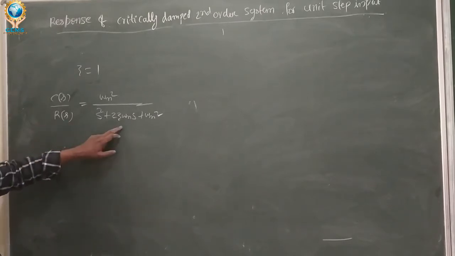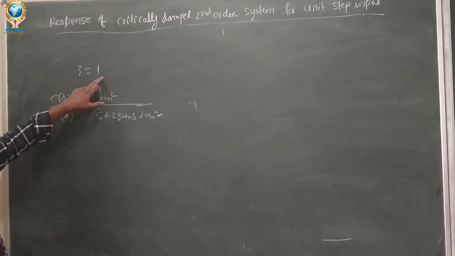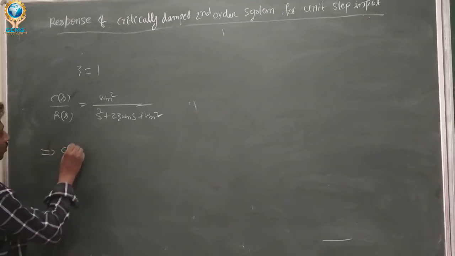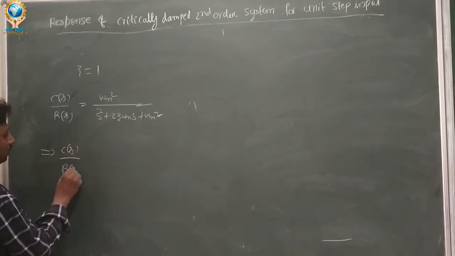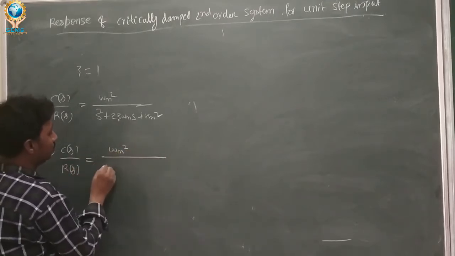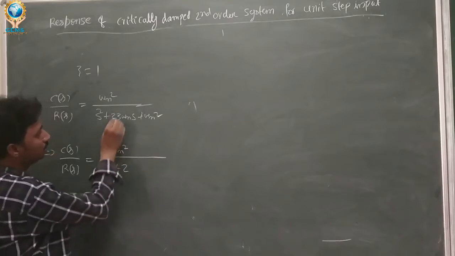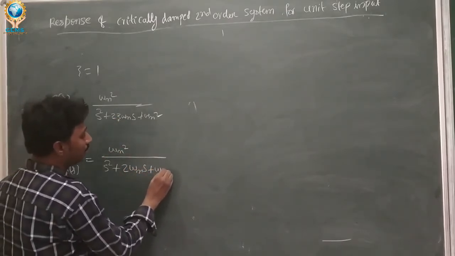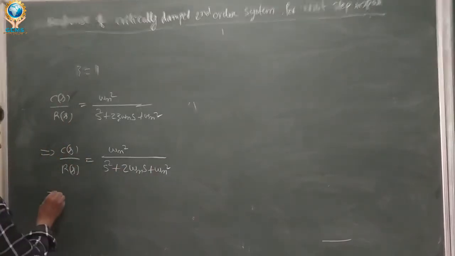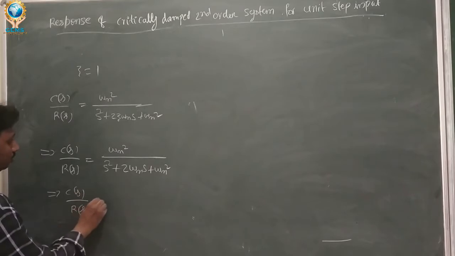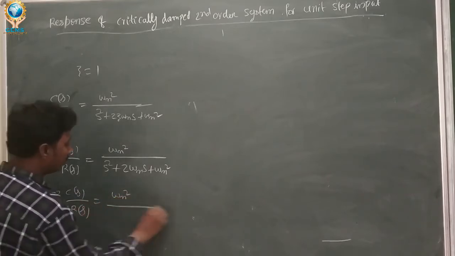Here substitute simply zeta is equal to 1. C of s by R of s is equal to omega n square by s square plus 2 omega n s plus omega n square.